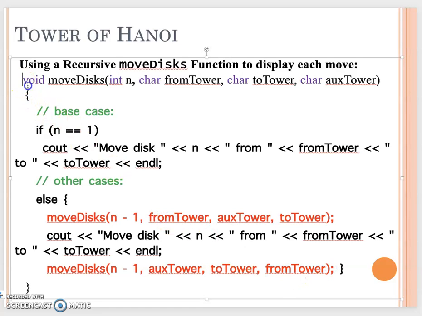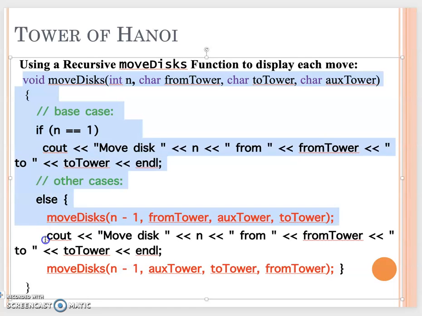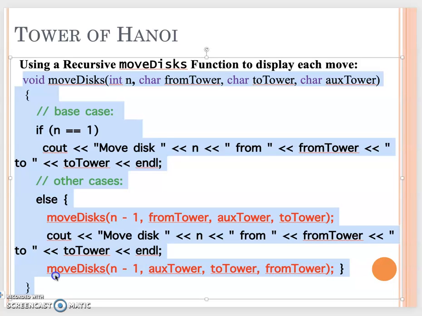This is your move disk recursion function to show you how to solve the Tower of Hanoi problem. We have the if-else statement to direct to the base case or to do the recursive function call.